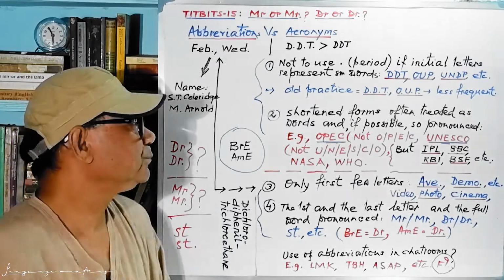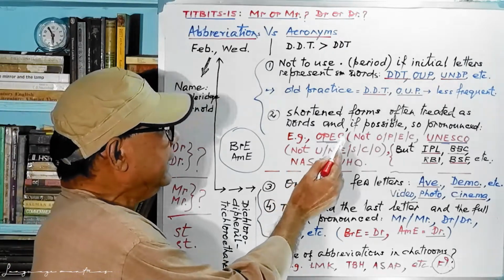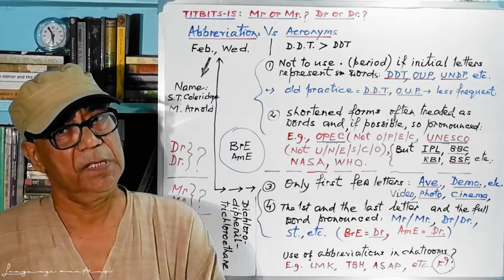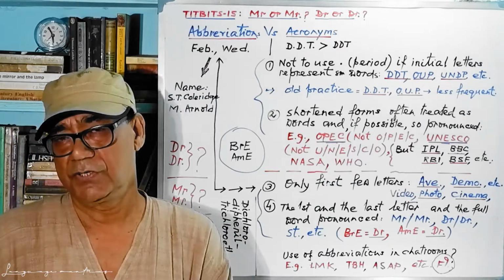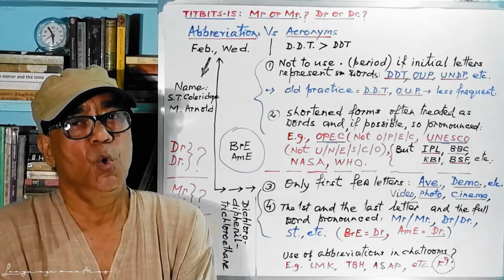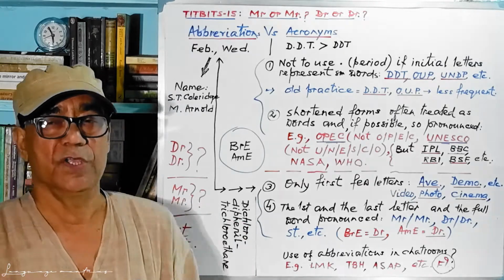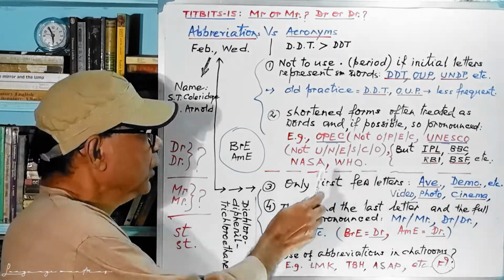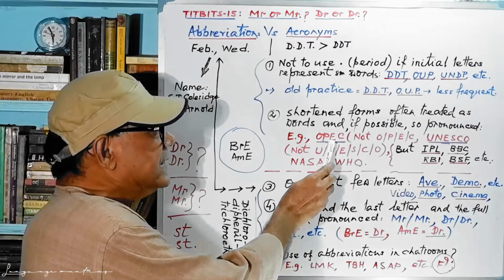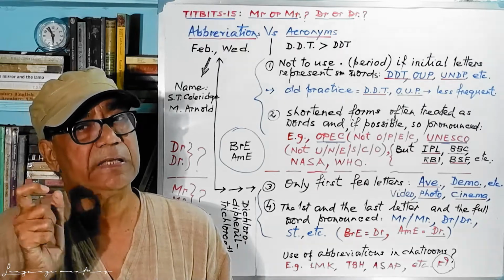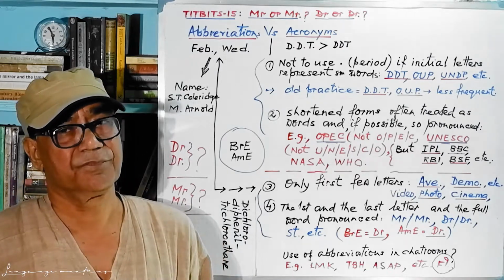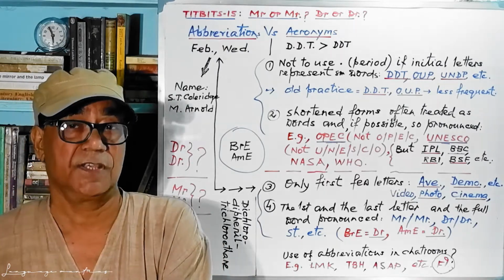For example, OPEC. What happens? OPEC, Organization of Petroleum Exporting Countries. But we never say O-P-E-C, we always say OPEC. We do not pronounce this E as a letter. We pronounce E as a vowel sound. This is a tendency.